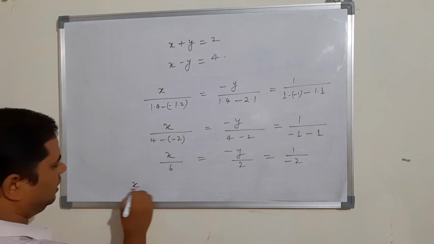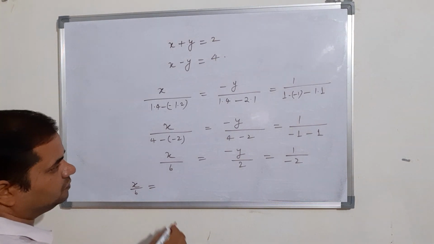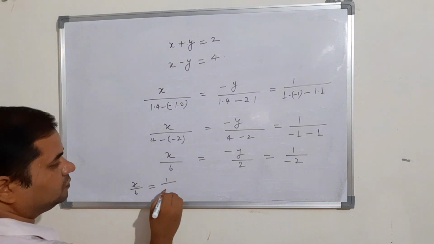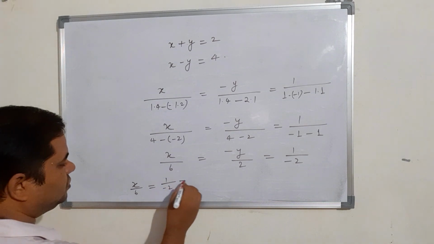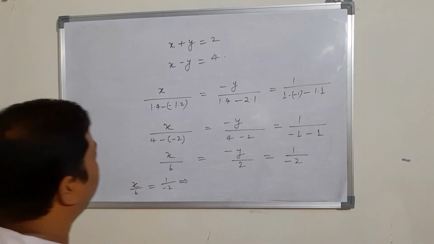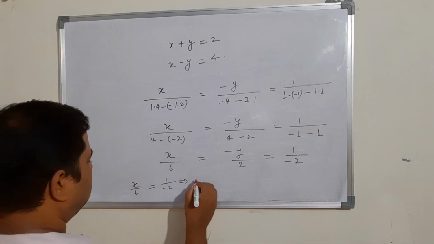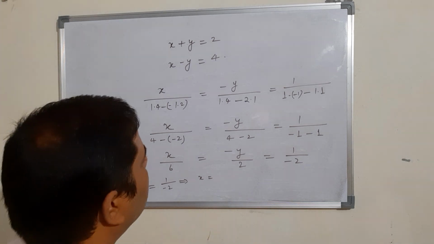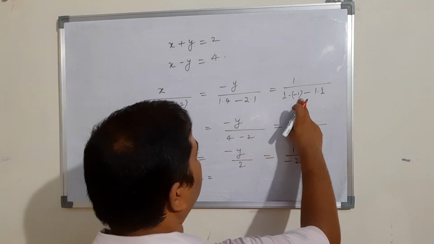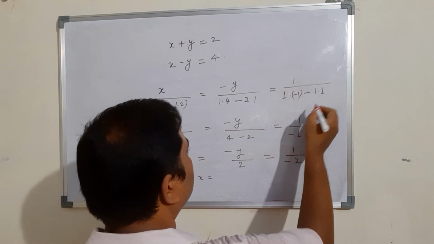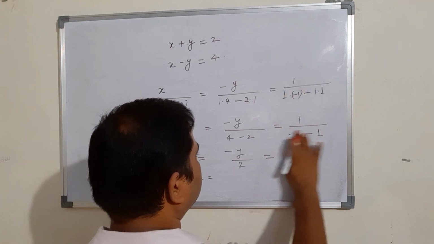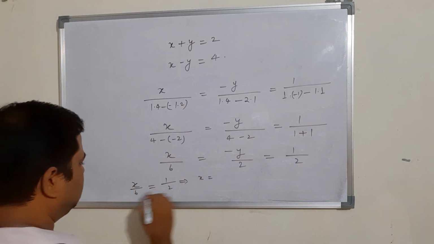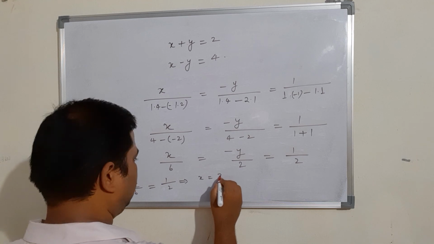So x upon 6 is equal to 1 upon minus 2, and this will be x is equal to 3.